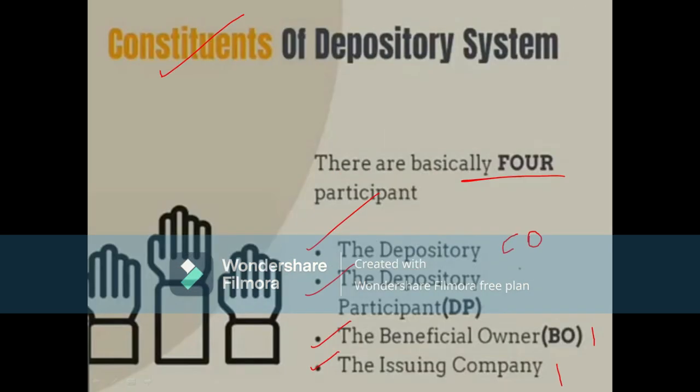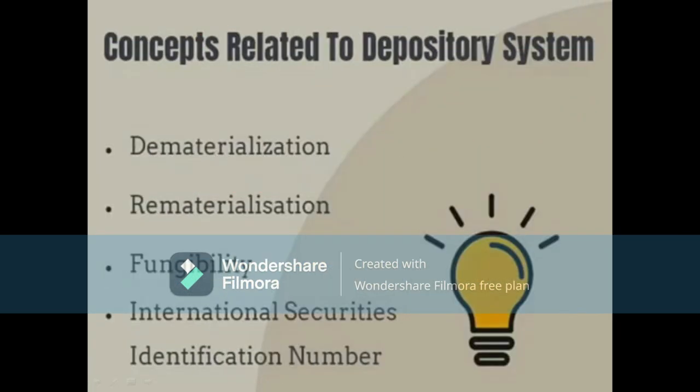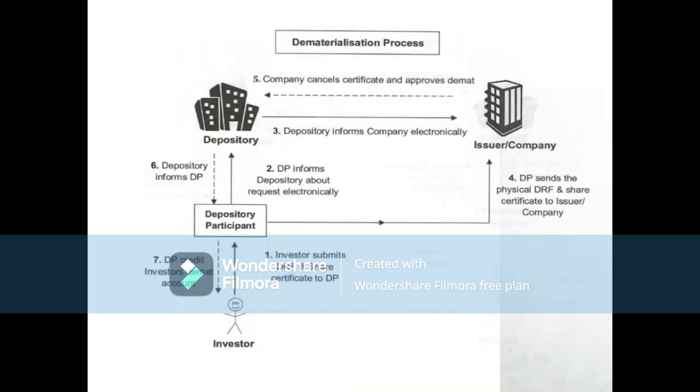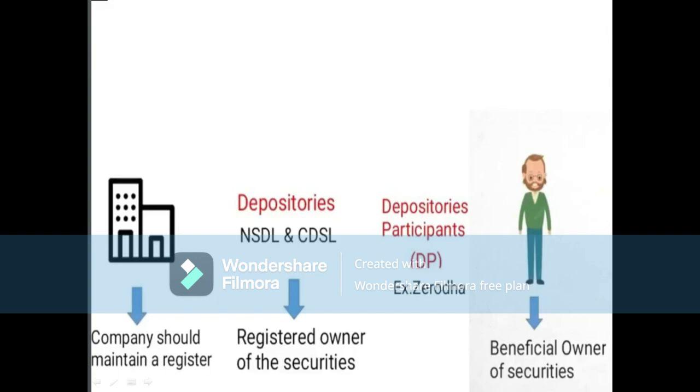Now, we have studied all these things, and before this, see here, the company should maintain a register. As I explained before, first of all the company will be there, next depositories, then depository participants, and the beneficial owner.